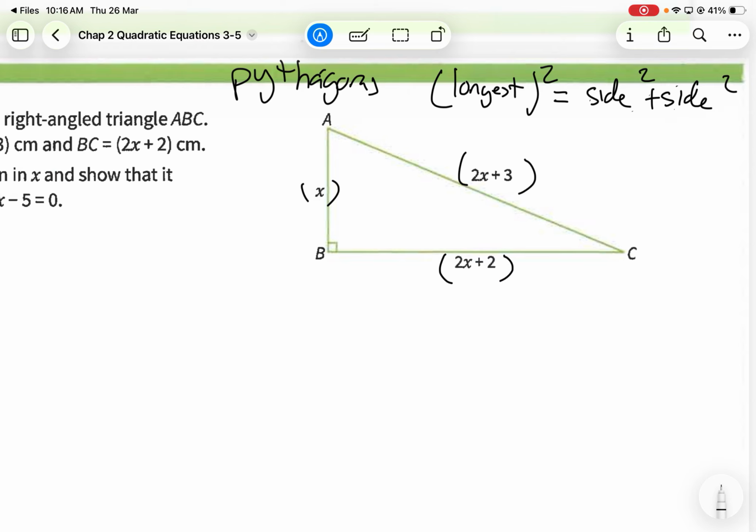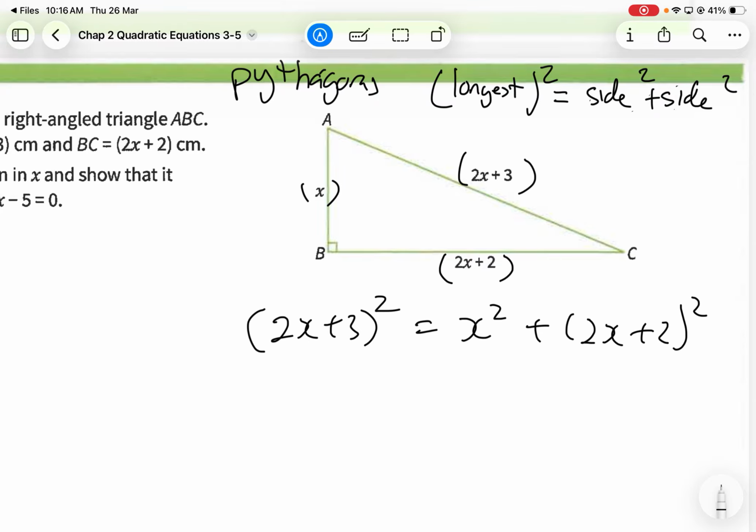The two shorter sides are x and 2x plus 2. So Pythagoras says the longer side, if I square it, is equal to the other two sides, squared and added together. So with this formula, with this knowledge, we can form an equation.